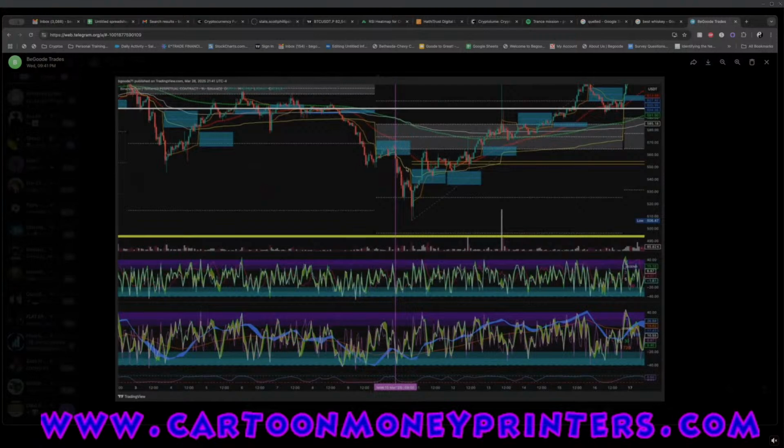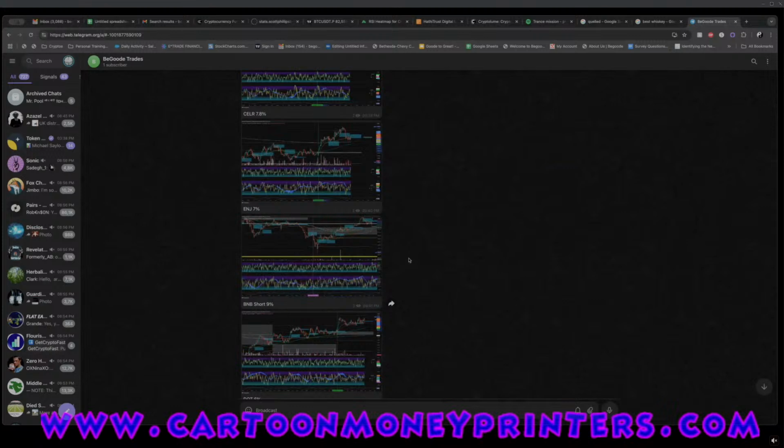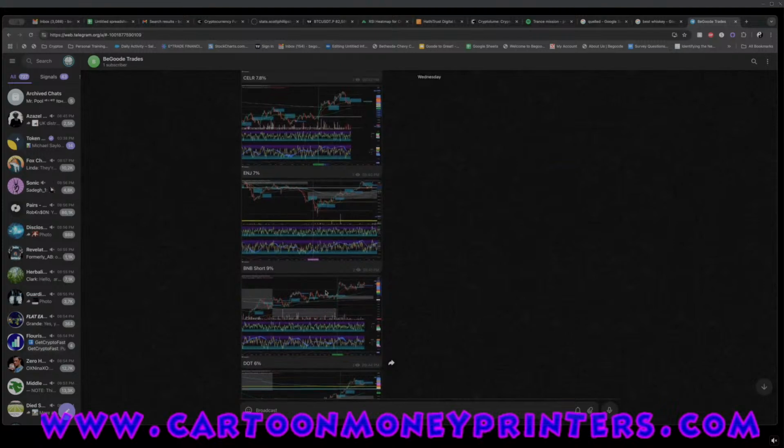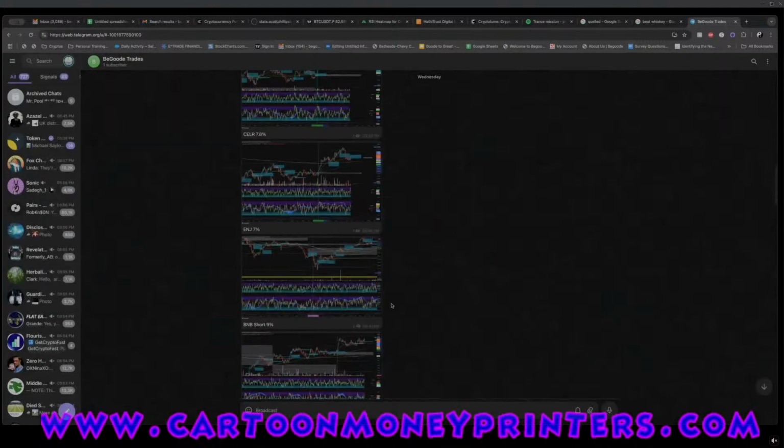That's still a nice profit. But from here to near the bottom on this BNB short, that was a good 9%. And if you waited for the solid confirmation of the bull move, that would have been about a 5 or 6% trade.